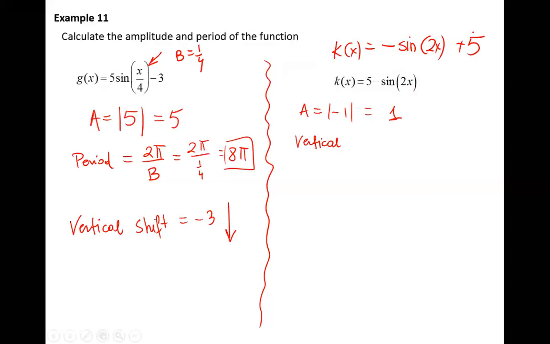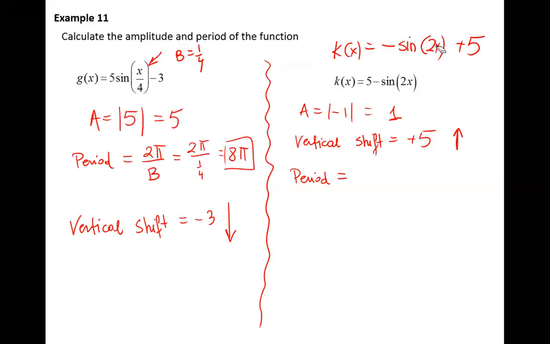I know the way that it's organized looks confusing, but the vertical shift will be 5 units up. Okay. And who can tell me the period?